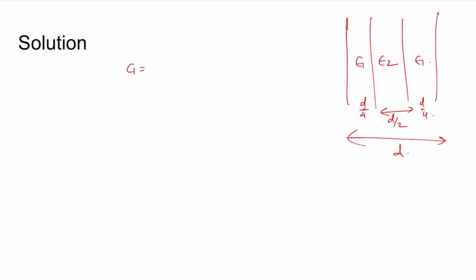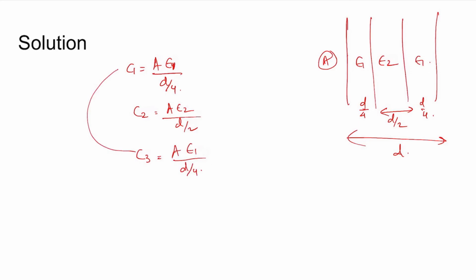So this is epsilon 1, this is epsilon 2, this is epsilon 1, and all these are area A. So C1 is A epsilon 1 by d by 4, C2 is A epsilon 2 by d by 2, C3 is A epsilon 1 by d by 4.